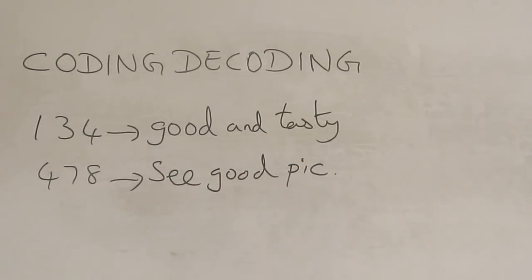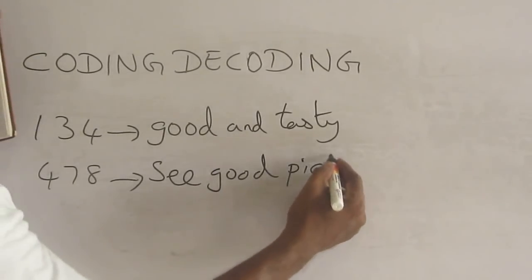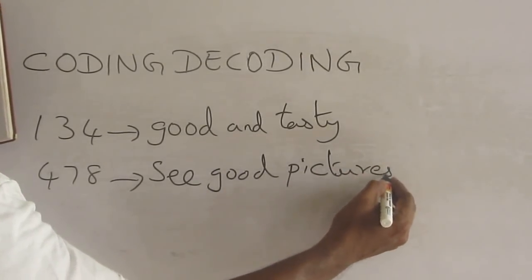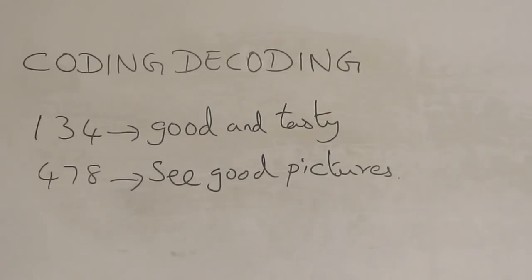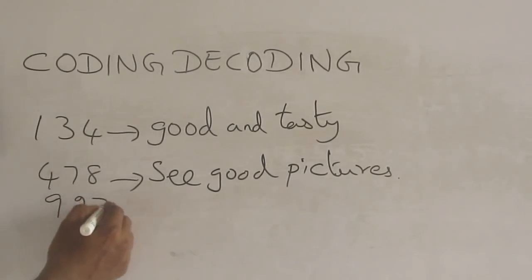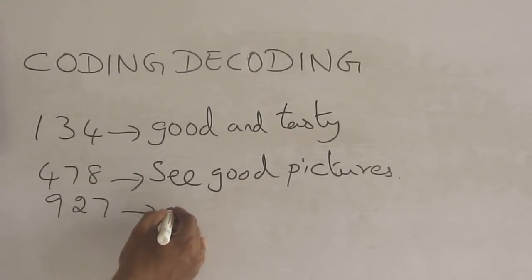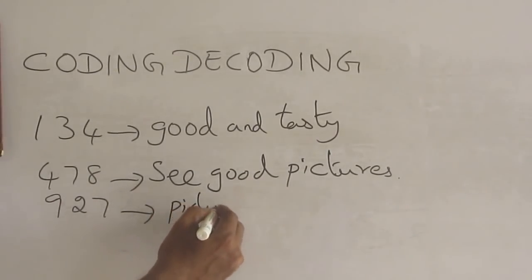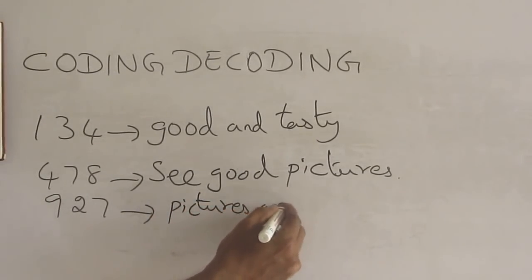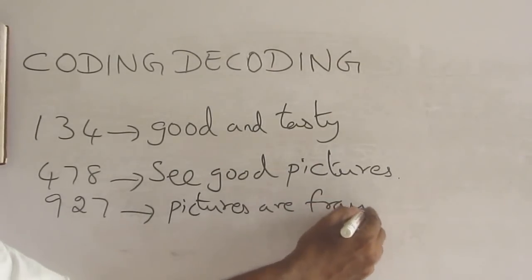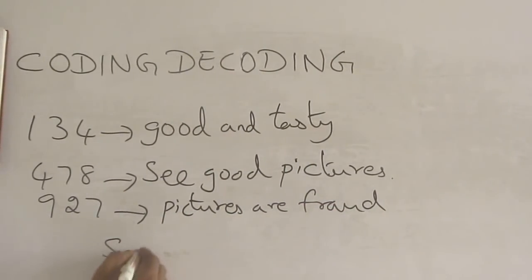I am just writing abbreviations. 927 is coded as pictures or fraud. Now the question given to us is, what is the code for C?